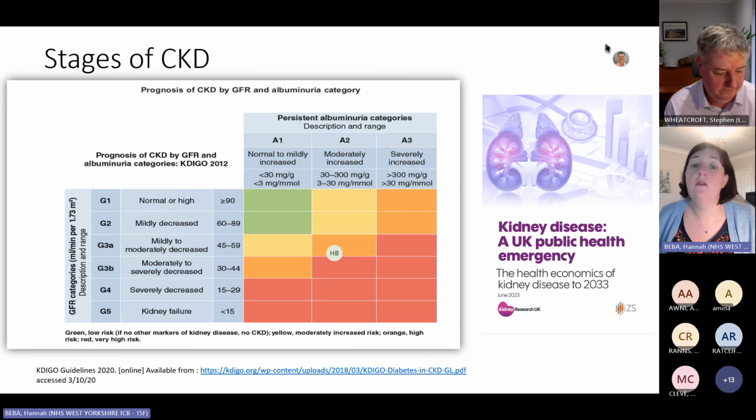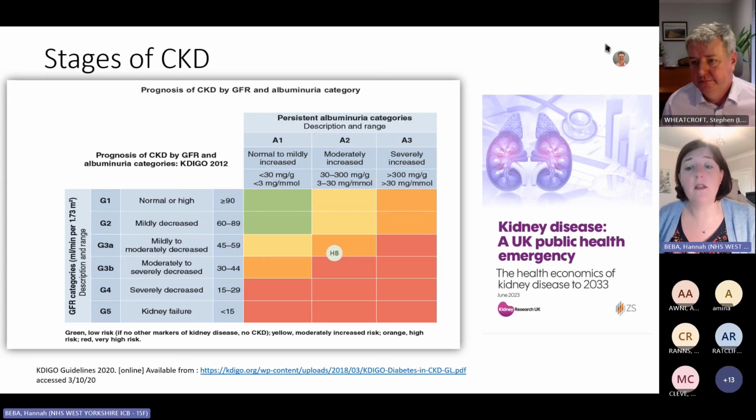So if somebody is, for example, very albuminuric but might have a normal eGFR, they could still be at significant cardiovascular risk. And albuminuria is our canary in the coal mine, our early warning marker that something is about to go wrong on a vascular level in general.